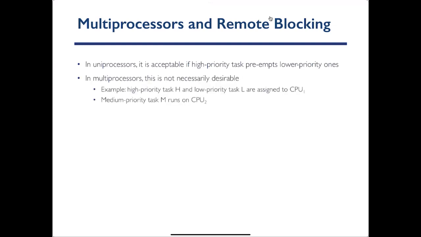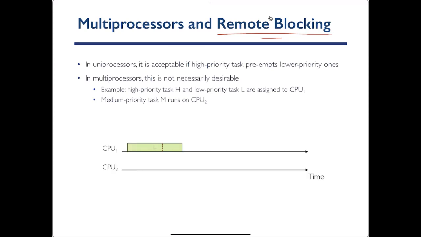So here's one example of a complexity that will be added if you have a multiprocessor. This is an example of remote blocking in multiprocessor. This doesn't exist in a uniprocessor, but the moment that you have a multiprocessor, you can have remote blocking.